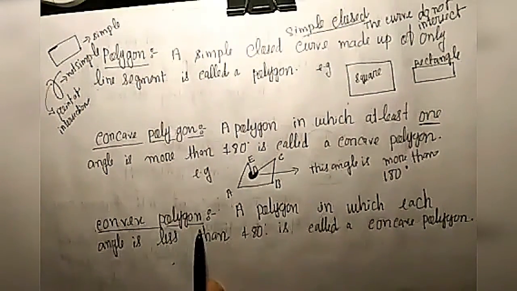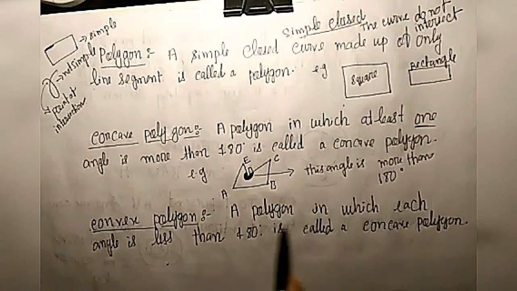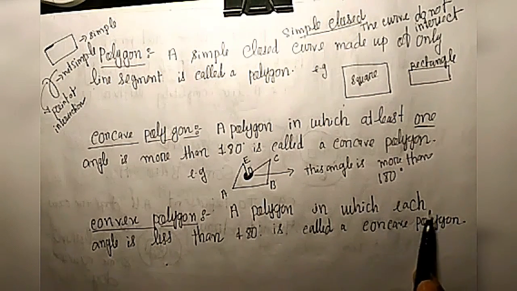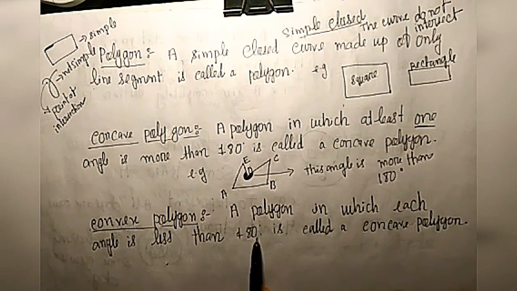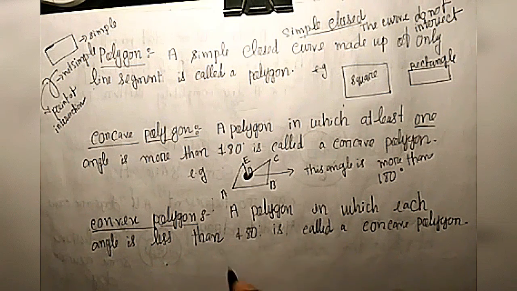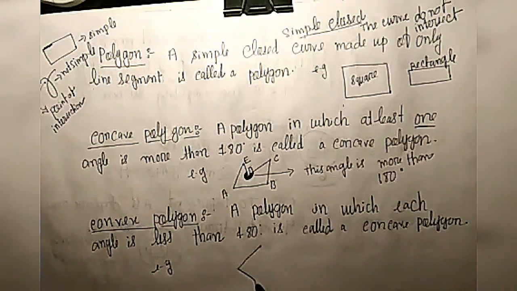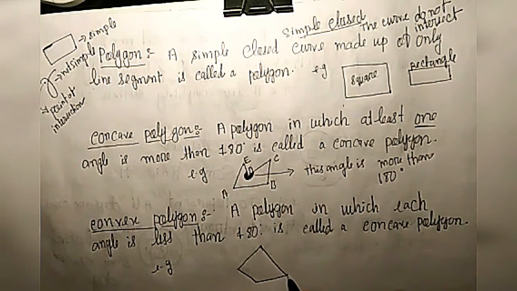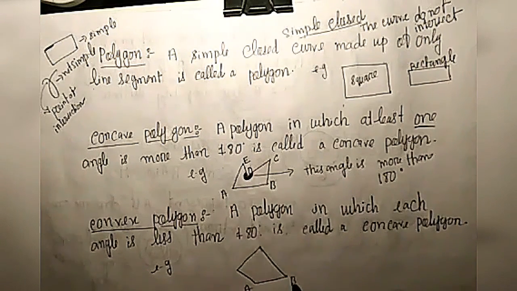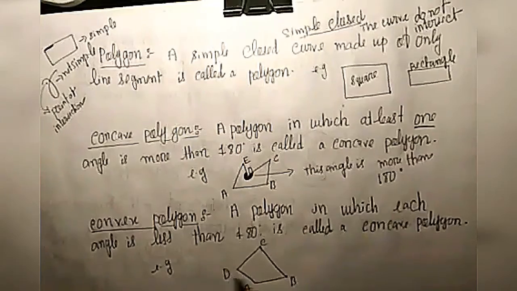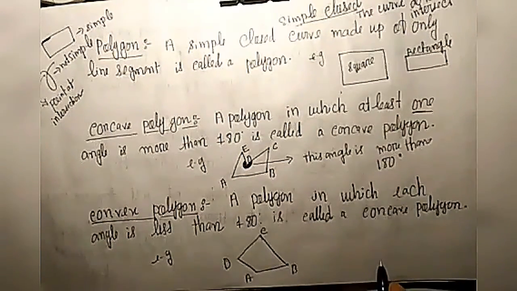So let's move to the next, convex polygon. A polygon in which each angle is less than 180 degrees. It should be a closed figure bounded by line segments, but each interior angle should be less than 180 degrees. So this is a closed figure.